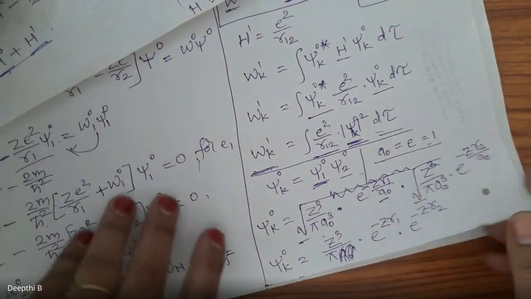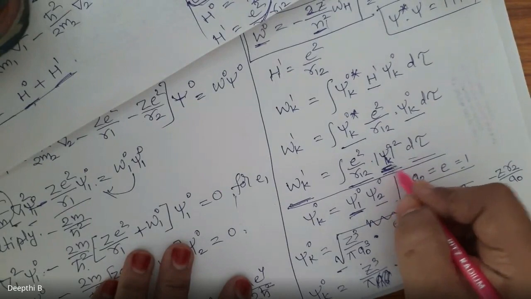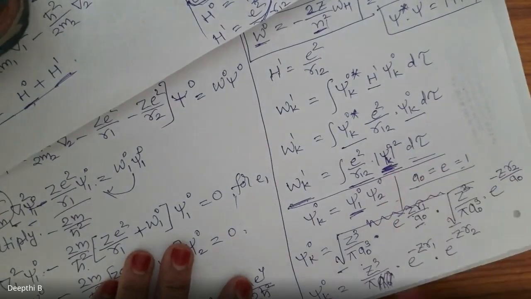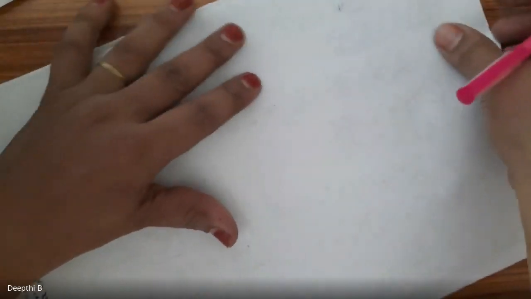Okay, students, now psi k is there, but we want psi k square. Psi k we calculated. When we square this term, then what will we get?